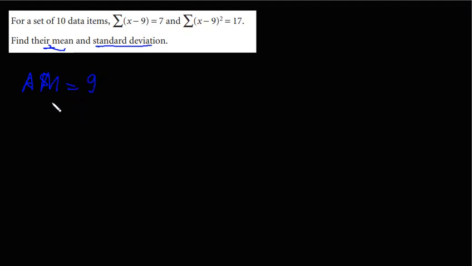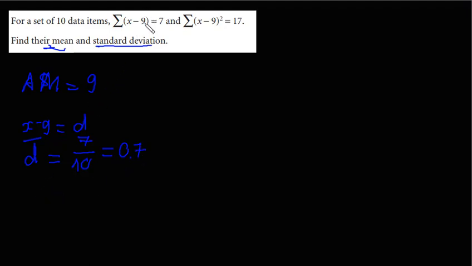So we have our assumed mean equal to 9. Because the sum of x minus 9 equals 7 and we have 10 data items, the new mean of x minus 9, which we call d, equals 7 over 10, equal to 0.7.